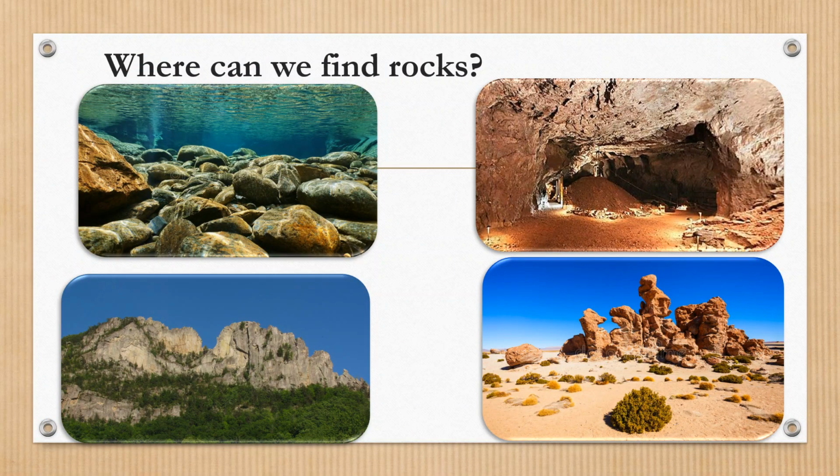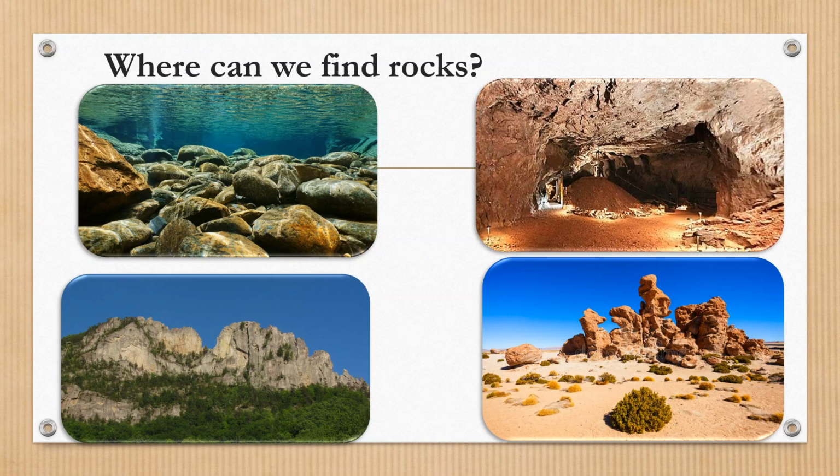But where can we find rocks? Rocks are everywhere. Well, certainly they are not on Earth, I hope. But here you have rocks that can be underwater, underground, on mountains, in deserts. Can you think of more places where you can see rocks? Well, maybe you can share these ideas in the morning routines with your teachers.